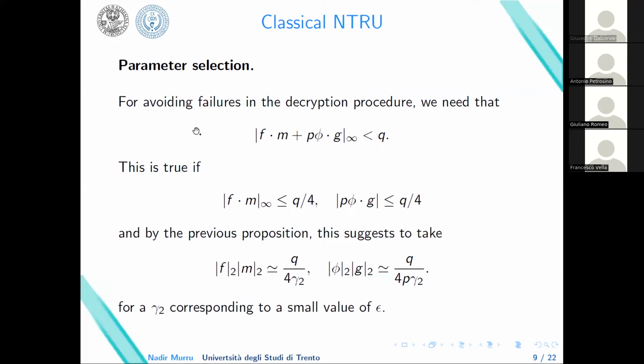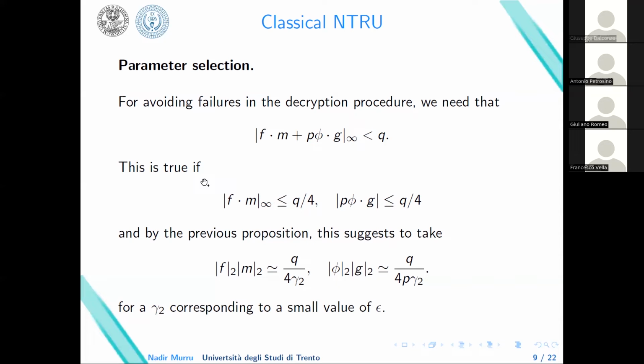In this way, we can exploit the previous proposition and these norms for avoiding failures in the decryption procedure. Indeed, for avoiding failures, we just need that this condition is satisfied. If this condition is satisfied, essentially we have that our polynomial A has coefficients in our desired interval.